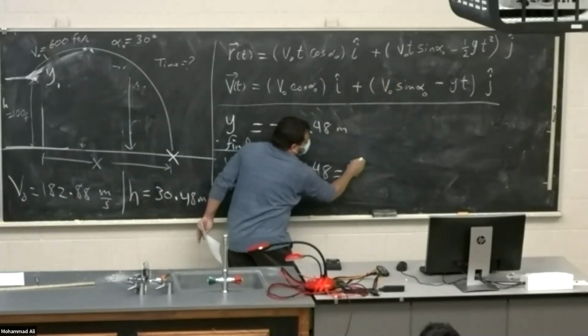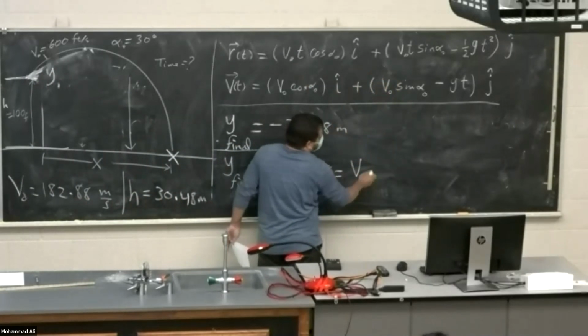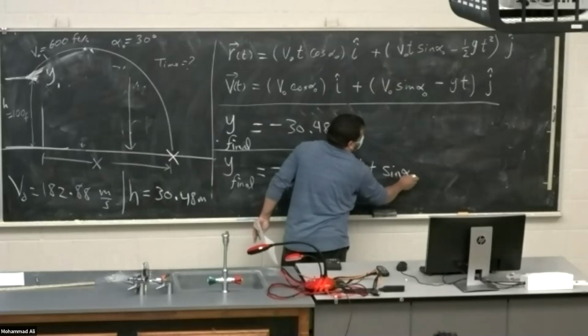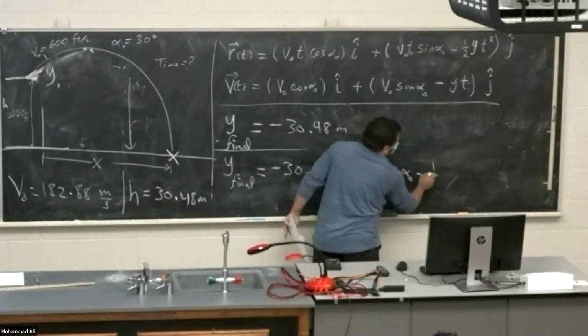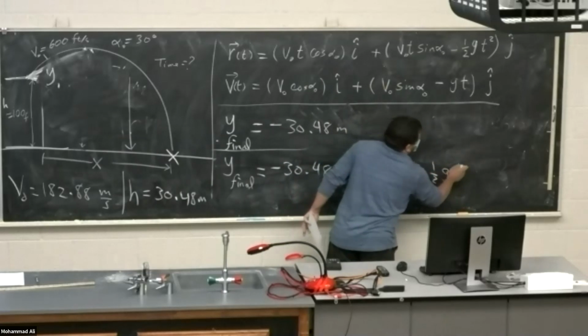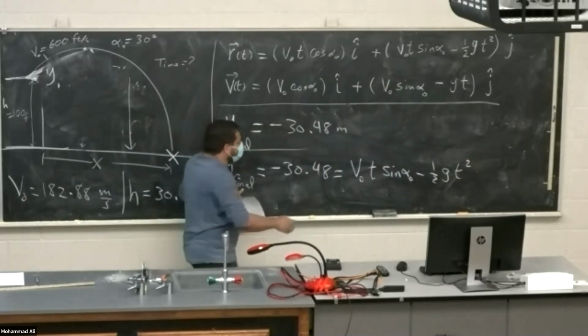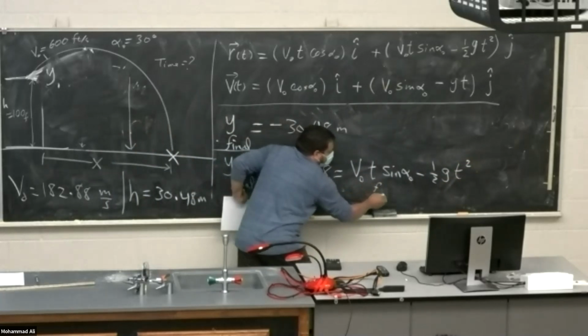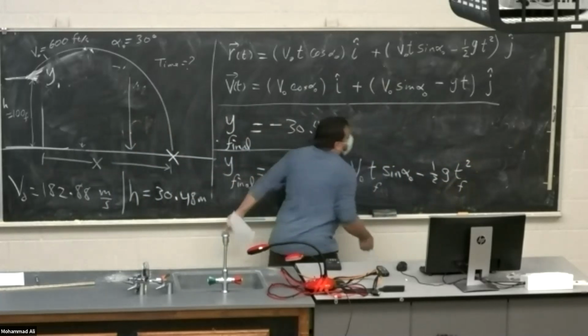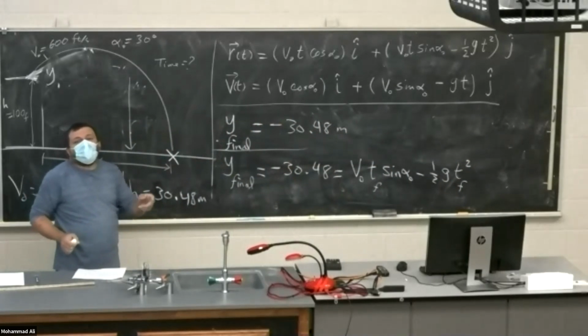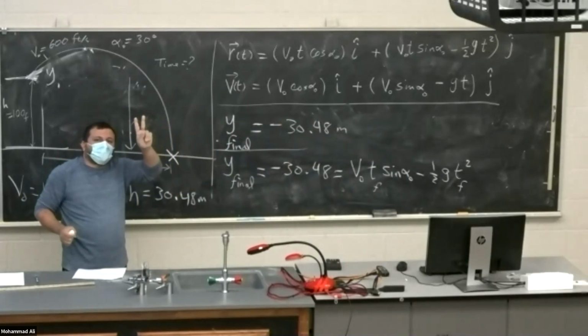It is V naught T sine alpha naught minus 1/2 G T squared. I am talking about the final time. And I have everything given. I have an equation with a second order in time.